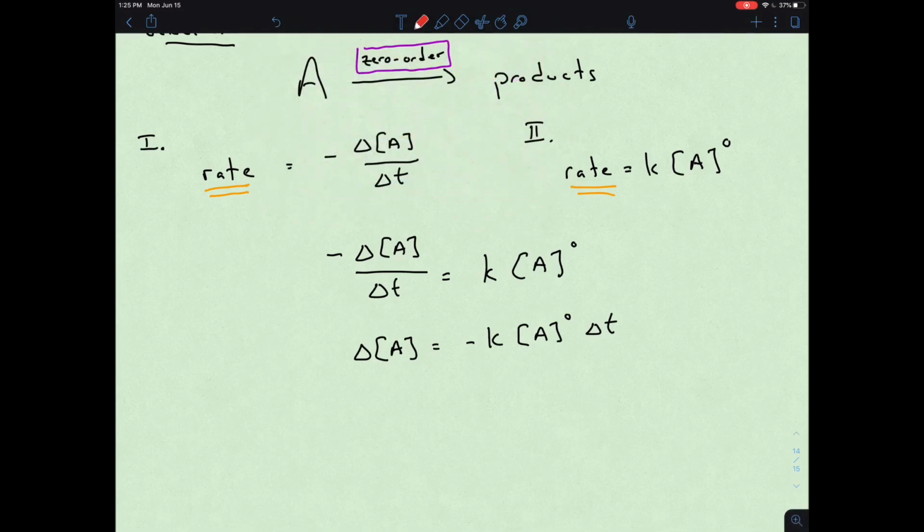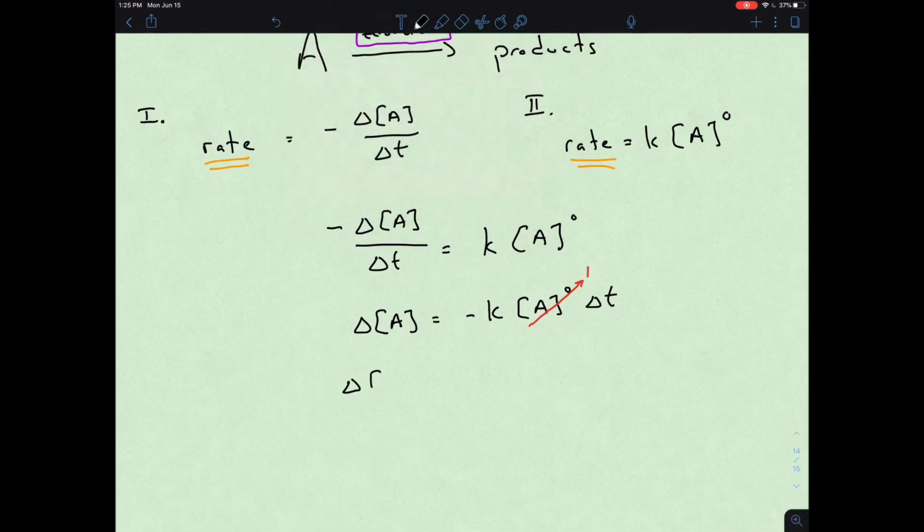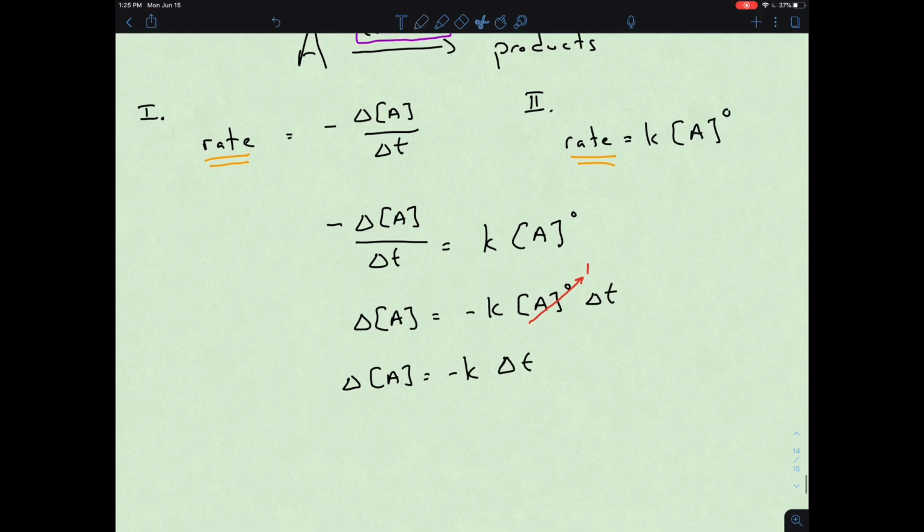Remember, anything raised to the 0 power is 1, so this simplifies to give me this type of expression where I have a change in concentration is equal to negative k times my change in time.